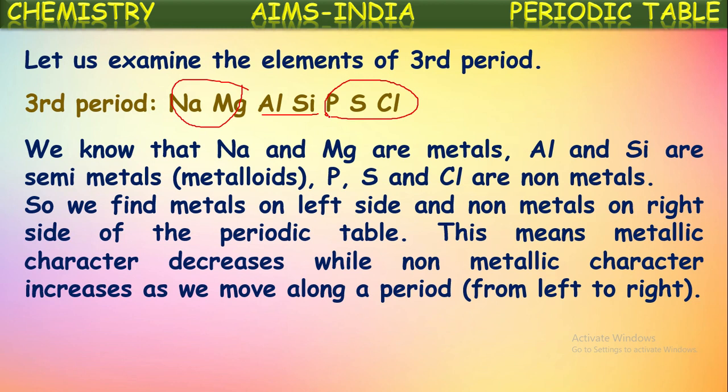Not only in this period, if you observe remaining periods also, mostly at the left hand side there are metals and at the right hand side non-metals in the periodic table. This means metallic character decreases in a period from left to right while non-metallic character increases as we move along a period, that is from left to right, isn't it?